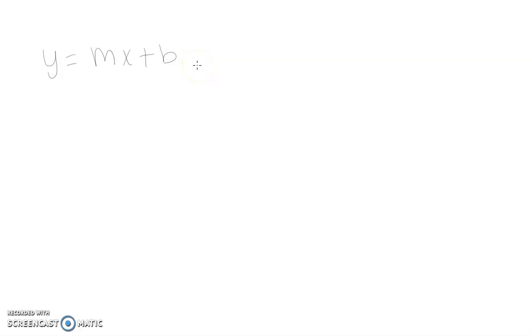This is the standard equation for our lines and everything, basically the basis of math. We still use this equation in calculus and a lot of maths. So the first thing we're going to do, and it says solve for x. So we're going to be solving for x.